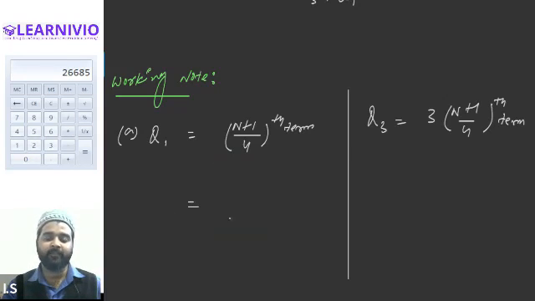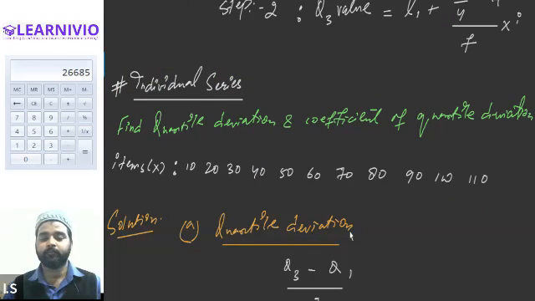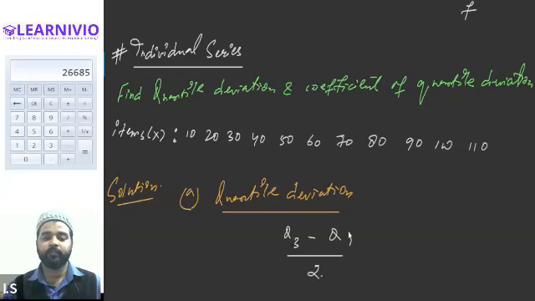Here n means the total number of items in the question. How many items are there? 1, 2, 3, 4, 5, 6.